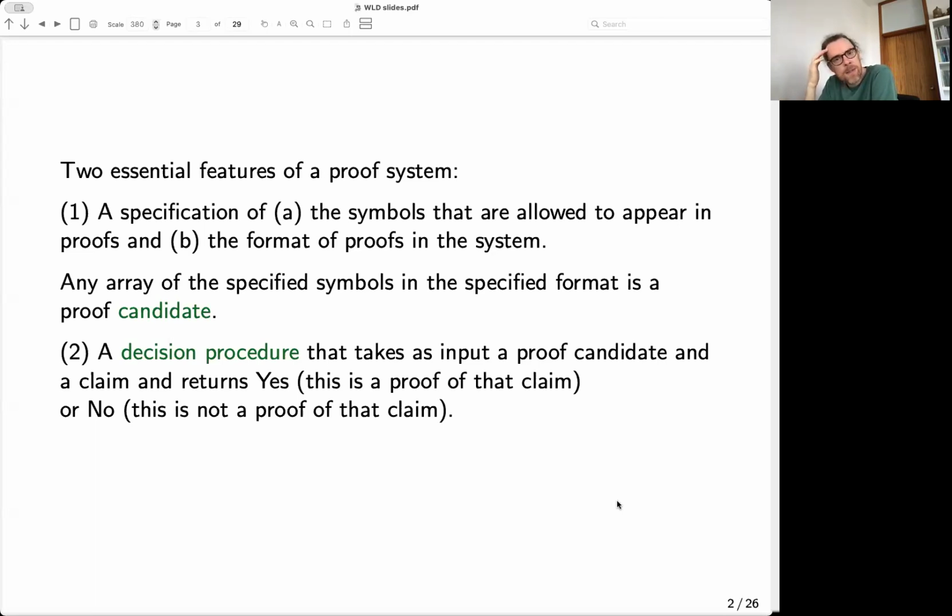Okay, and this is not a proof building procedure or a proof search procedure or a procedure for constructing proofs or anything like that. Some proof systems that we know have such procedures and others do not, but that's not what I'm talking about here. I'm talking about, given a proof candidate, wherever it came from, a procedure that checks whether or not it's a proof of some claim.